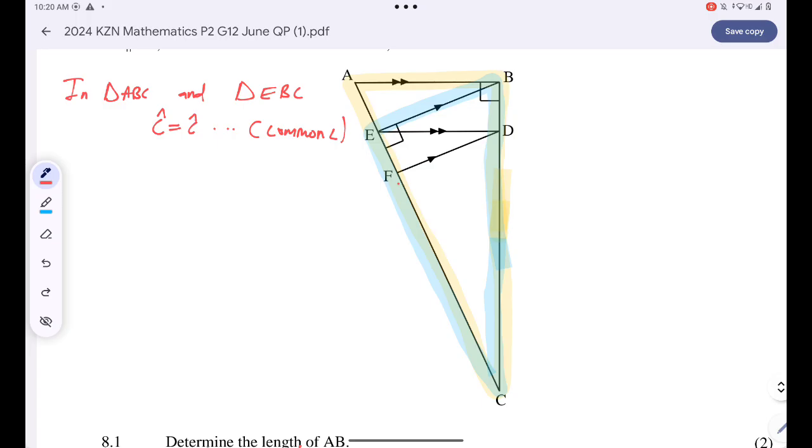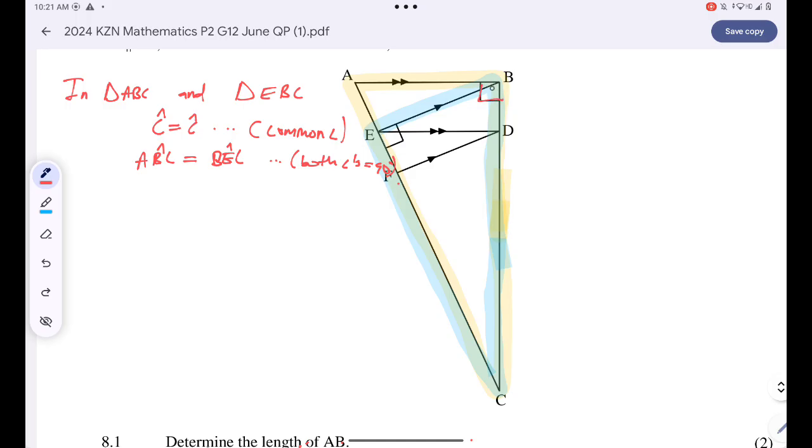And what else do we know? Angle ABC is equal to angle BEC. Are you together? Both of them are equal to 90 degrees. They've shown that this is perpendicular to that.